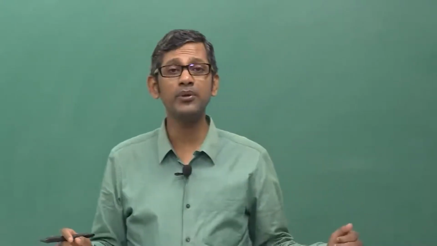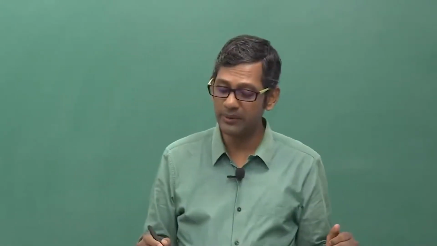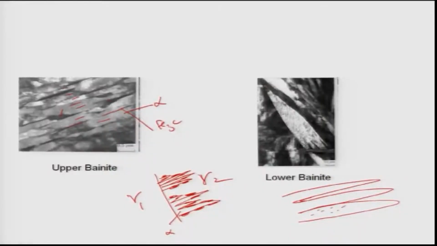So what will happen to that excess carbon? That excess carbon will then precipitate inside the alpha sheets. So therefore you have a discontinuous precipitation of Fe3C inside these alpha leaves. So these are Fe3C and this is the alpha leaf.